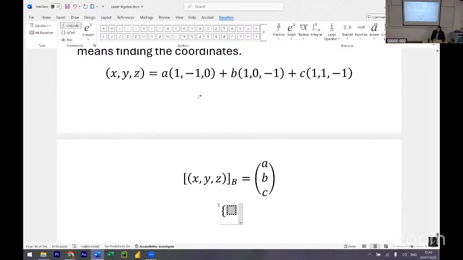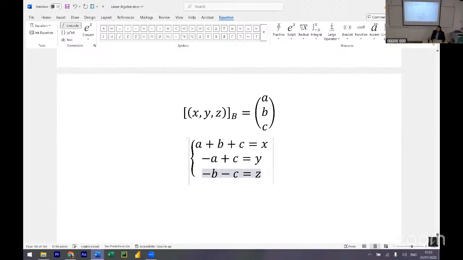So it's a plus b plus c equals x, minus a plus b equals y in the second coordinate, and minus b minus c equals z.